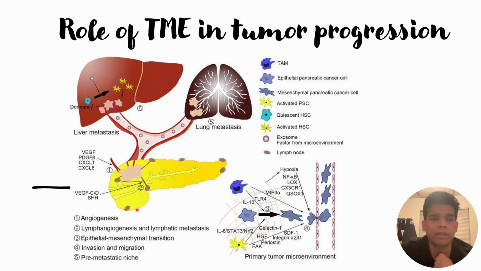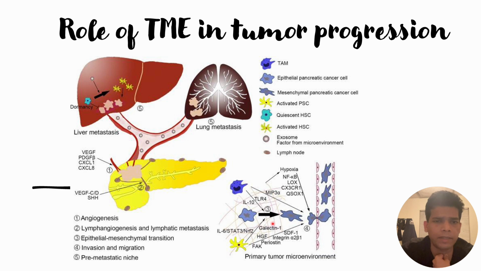Lymphangiogenesis is the formation of lymphatic vessels from the existing lymphatic vessels, and the function of these lymphatic vessels is to transfer fluid from the tissue back to the blood circulation. So this lymphangiogenesis will help in metastasis through this lymphatic pathway, and this is called lymphatic metastasis, that helps in the spread of the tumors from one part of the body to another part of the body.